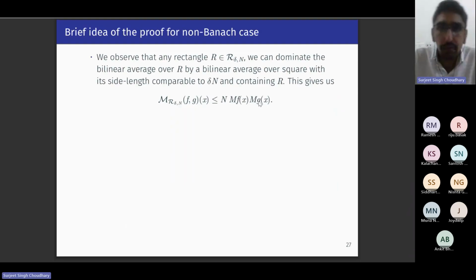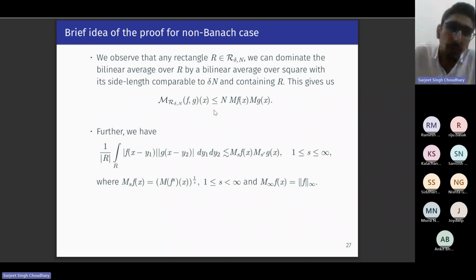For boundedness below that region, we prove that the average over any rectangle in R delta comma n, we can dominate by M_s f of x times M_s' g of x, where s is between 1 and infinity, where this M_s is nothing but the Hardy-Littlewood maximal function of f to the power s, whole to the power 1 by s.